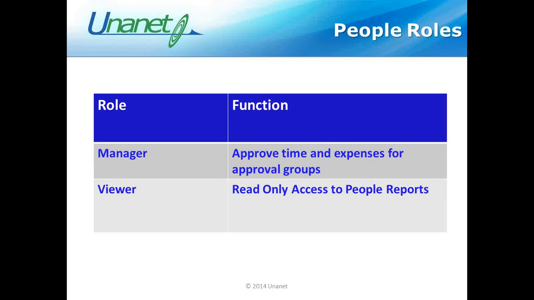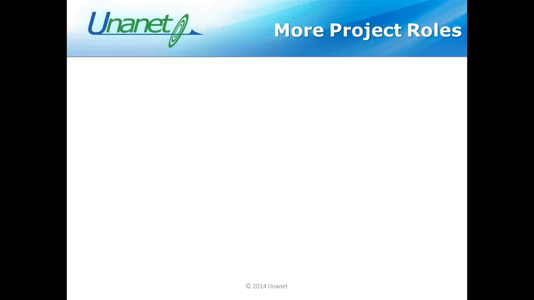So they have access to people reports in those approval groups. So managers provide the function of approving time and expense reports and also viewing people in their approval groups. Viewers, on the other hand, don't have that same data access. They have read-only access to the people reports. So this may be read-only access to, say, a time details report, but they wouldn't be able to access or manipulate any data; they're just viewing data for those people.